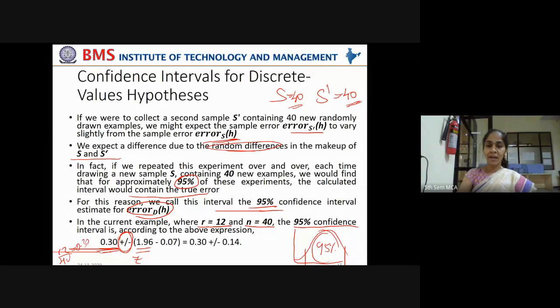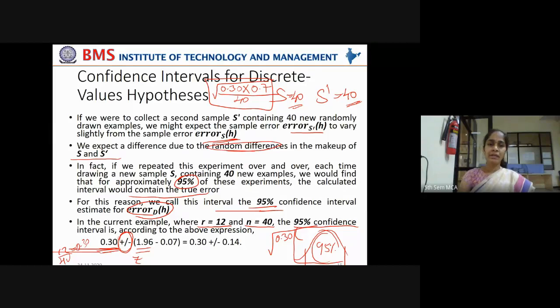It is taken as the square root of the sample error 0.30 multiplied by 1 minus sample error 0.7, divided by the total number of sample points 40.